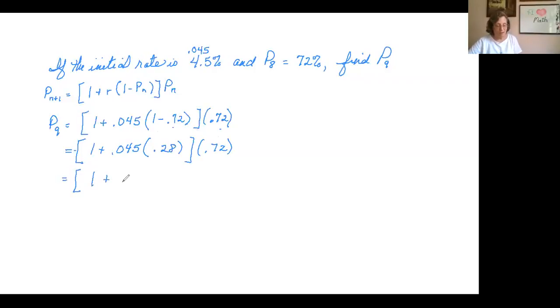That's going to be 0.045 times 0.28, so 0.0126. So this is going to be 1.0126.